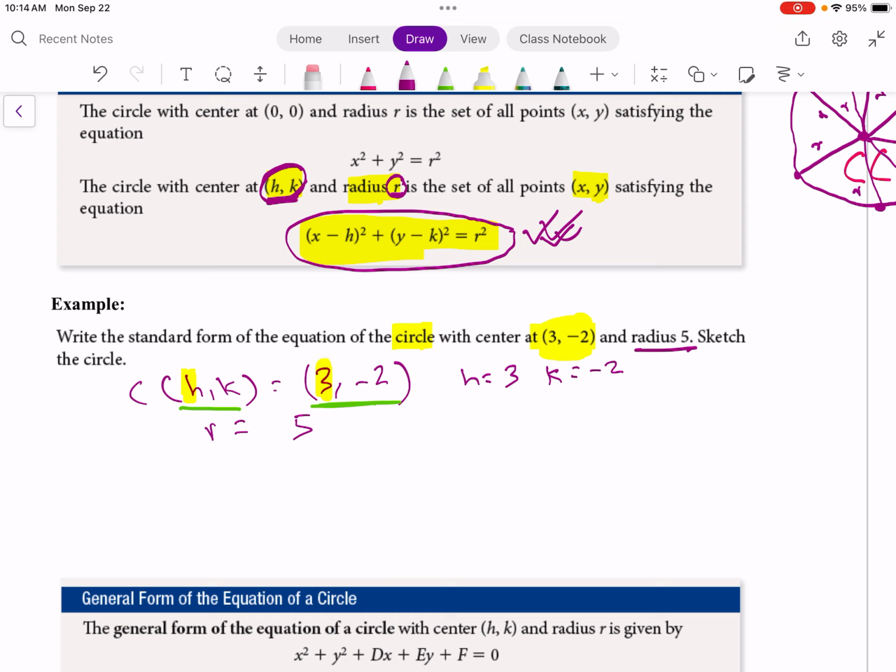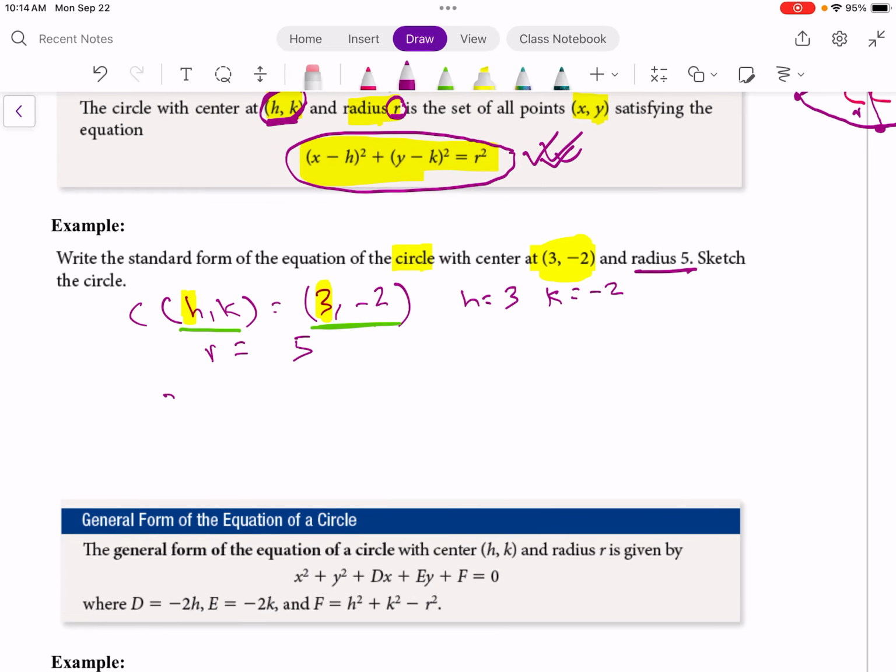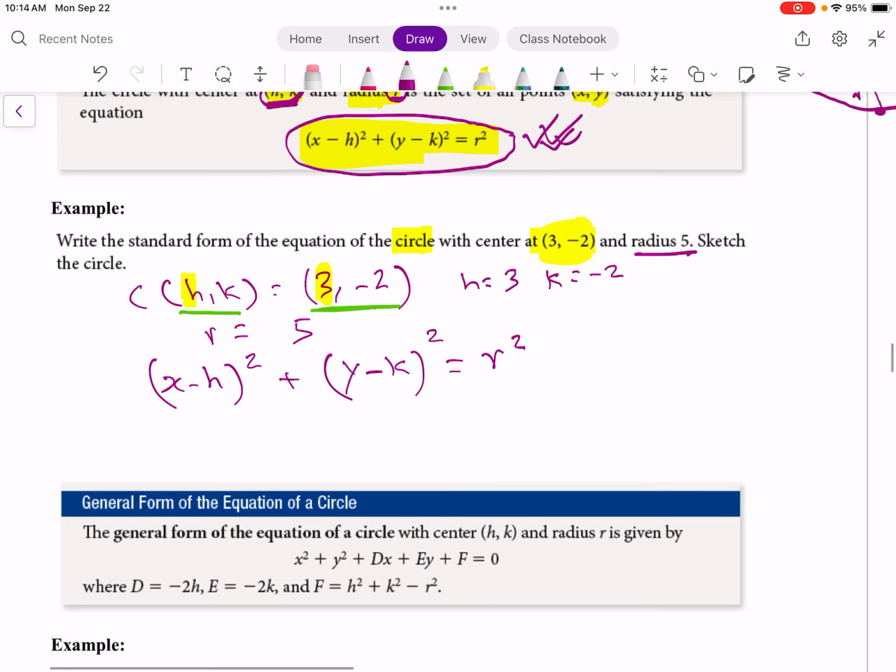Now you substitute these values in our formula. Our formula is (x minus h) squared plus (y minus k) squared equals r squared. Do not substitute anything for x and y. So we have x minus h, our h is 3, squared, plus y minus k, k is -2.